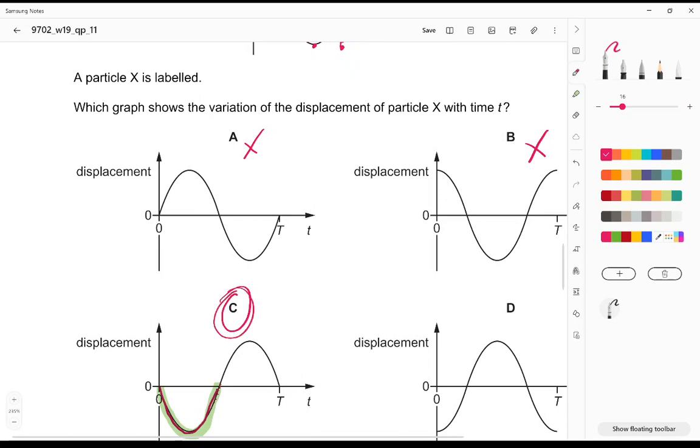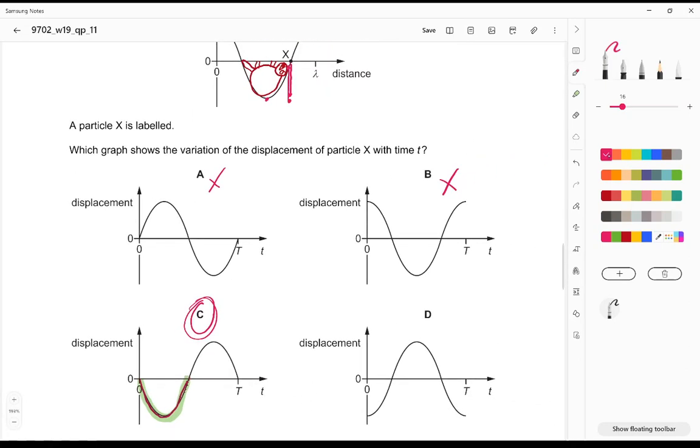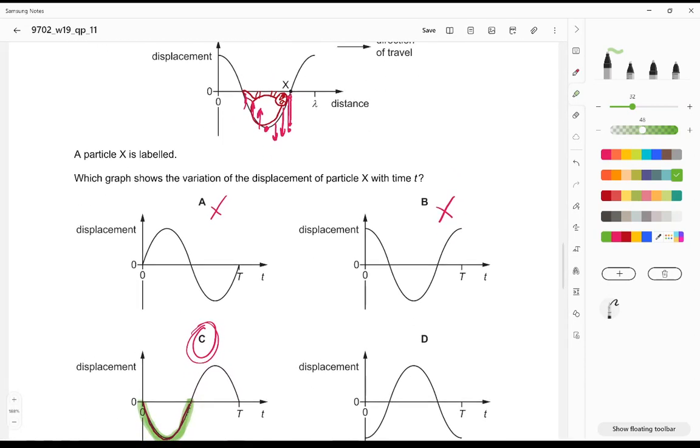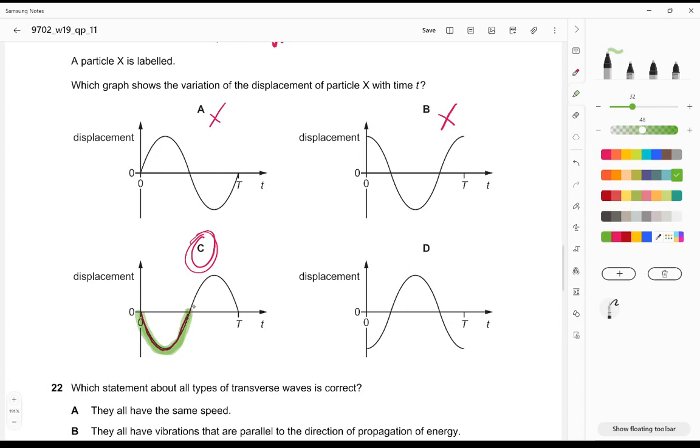So C is definitely the right answer. This entire movement, from here to this position and then to this position, is represented by this shaded line, right? And immediately after that, you can see a positive wave hits the point X, so it is represented by this curve after that. So yes, C is the right answer.